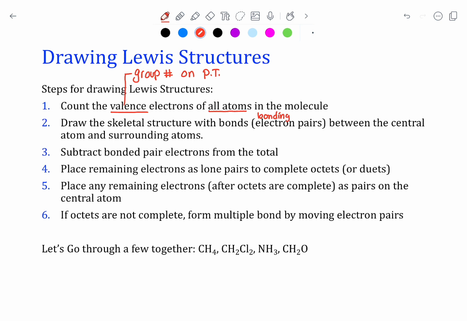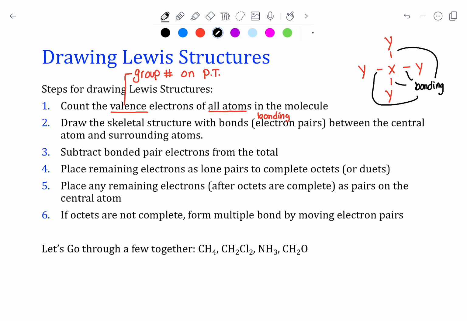So our central atom, if I were to draw this on the side, is X, and our surrounding atoms would be Y. And our shared electrons, our bonding electrons, are the dashes in between. Okay, so all those dashes show the bonding electrons.